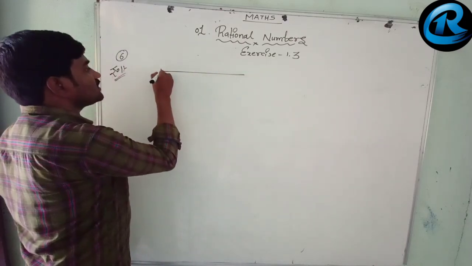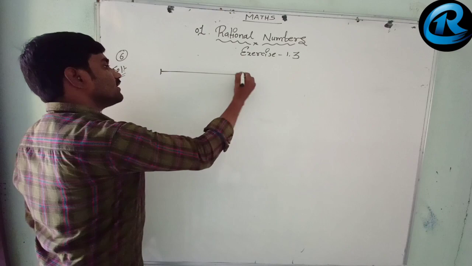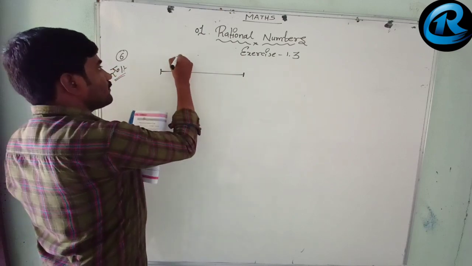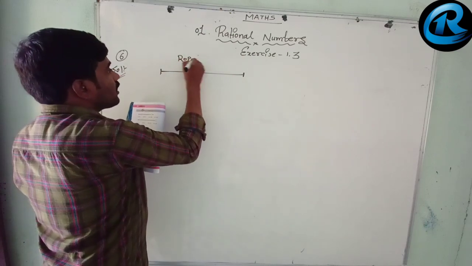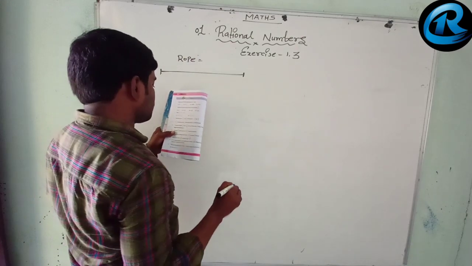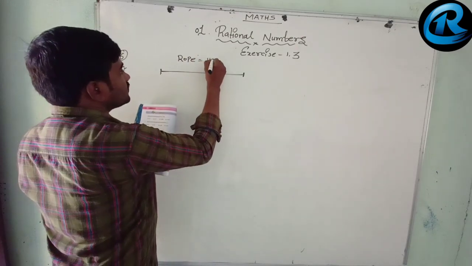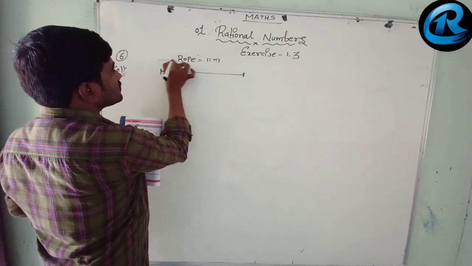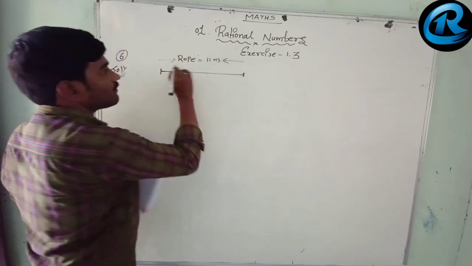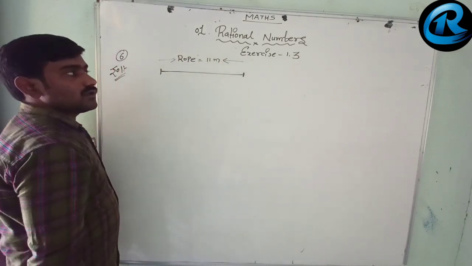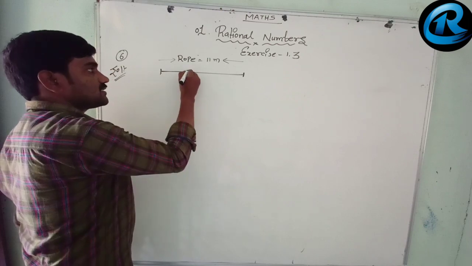Suppose it is a rope. A rope of 11 meters long. This is an 11 meters long rope, 11 meters in total. This is cut into 3 pieces.